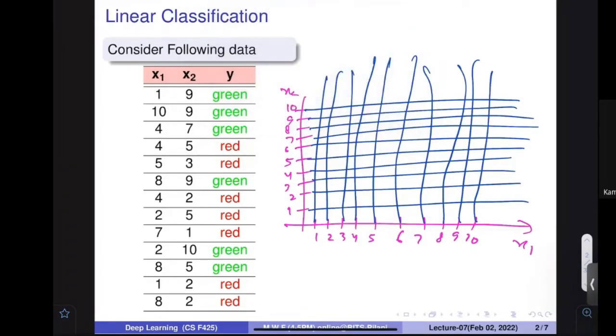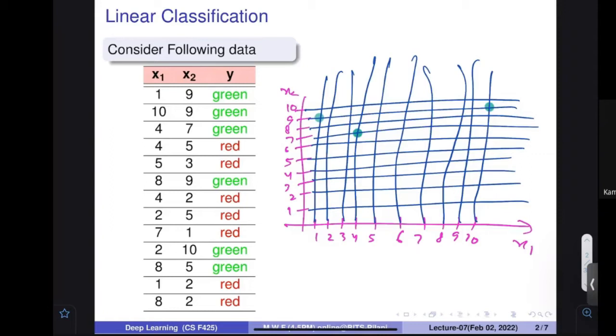Okay, so let me pick the green points one by one. 1, 9. So can you help me? It is 1, 9. So this is the green point. 10, 9 is here. This is also a green point. And then 4, 7. This is also a green point.